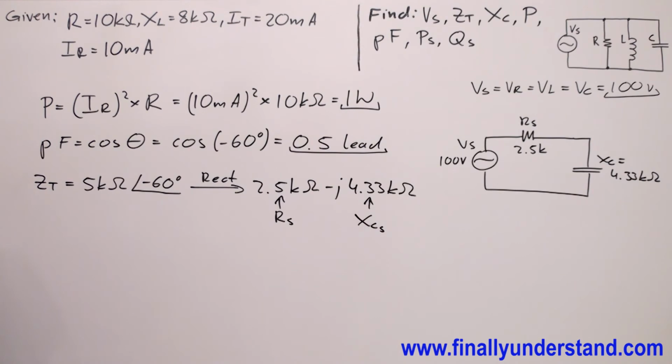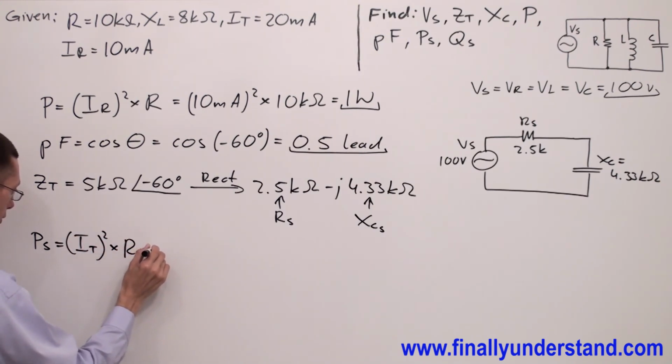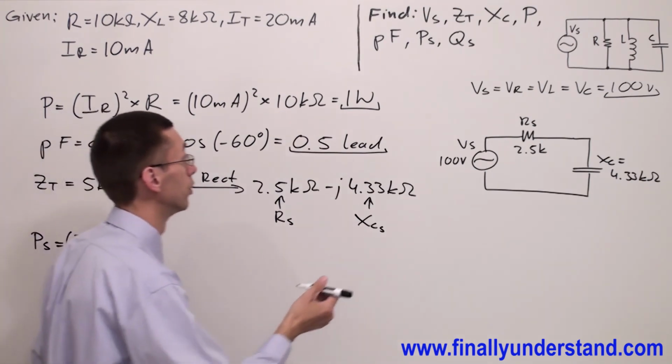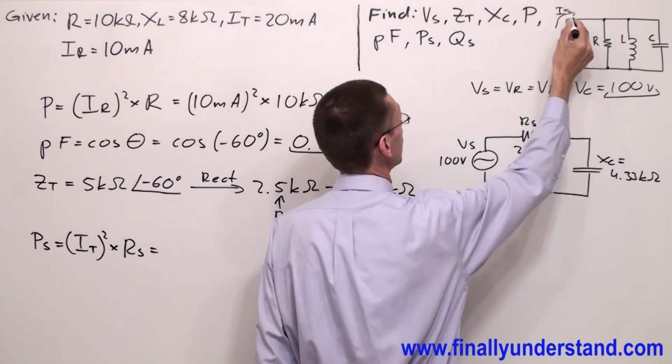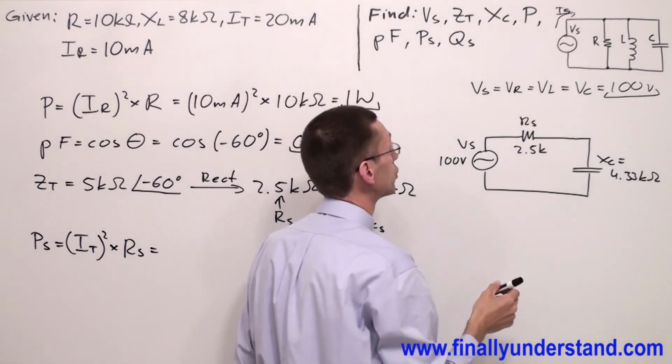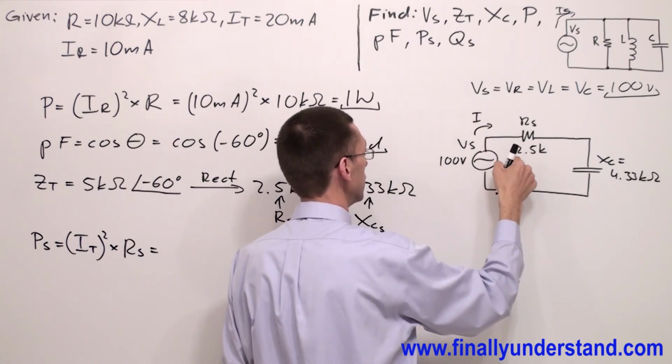Next, we're supposed to find the powers, right? So true power in my series equivalent circuit, I'm going to find by simply multiplying I total squared times RS. But you're supposed to remember that the total current which goes to my parallel circuit is equal to the total current in my series circuit.